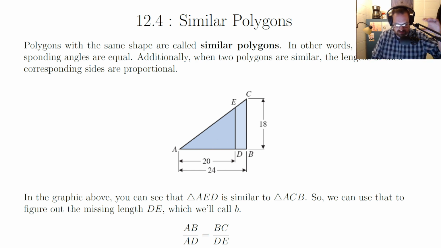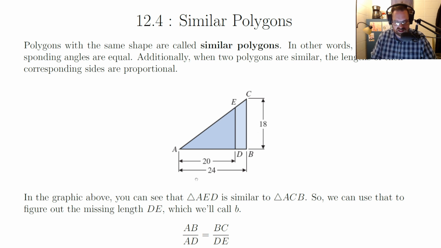It's the same angle. So because of that, I can associate the lengths with each other as well. In other words, the length of the bottom leg of this small triangle corresponds to the length of the leg of the bigger triangle, and the vertical leg of the smaller one corresponds to the vertical leg of the bigger one.